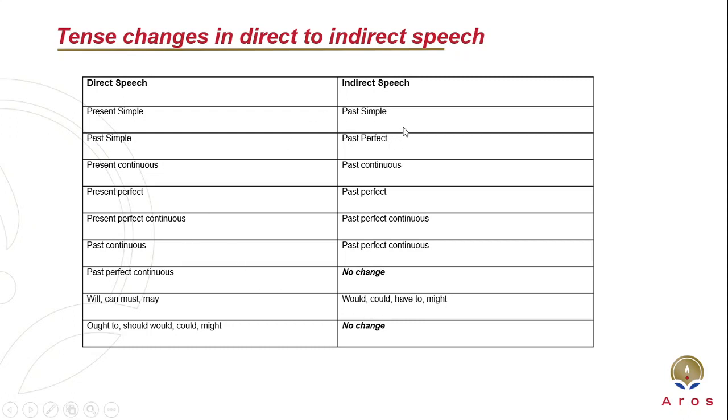You can see there present simple to past simple, quite voor die hand liggend. Then if we get a sentence in past simple tense, you need to change it to past perfect tense. So that is had, for example. If you get a sentence in present continuous, you need to change it to past continuous. In present perfect, which is has or have, you need to change it to past perfect, had.